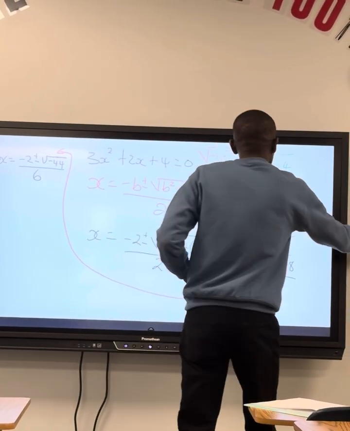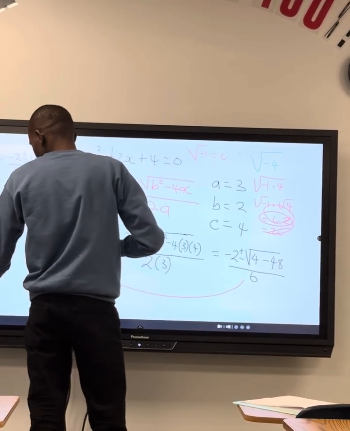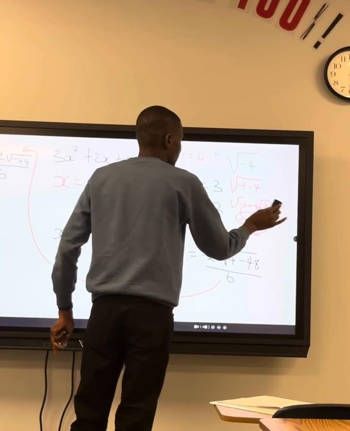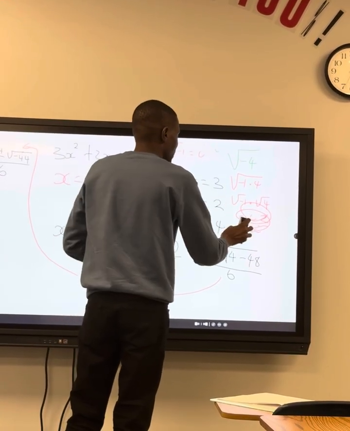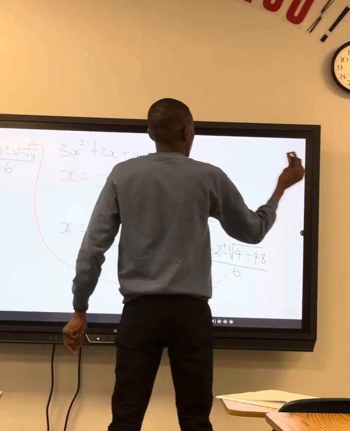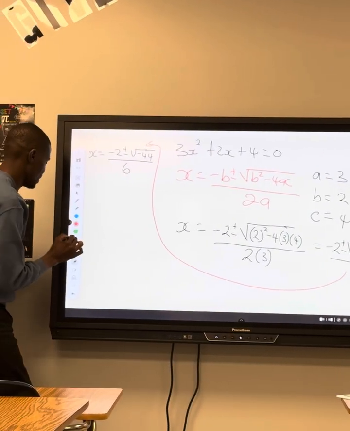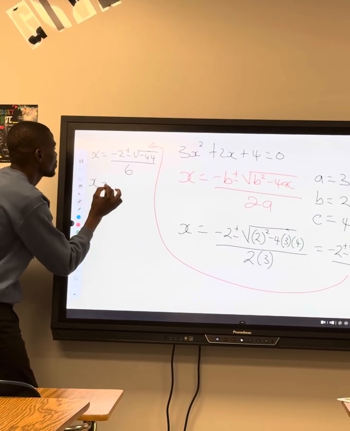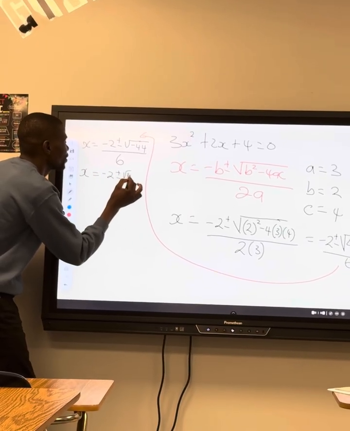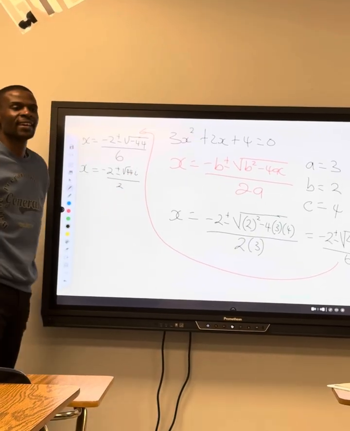Now this is what we are going to do. We say x equal to -2 plus or minus the square root of 44 all over 2, but I'm going to put in an i.